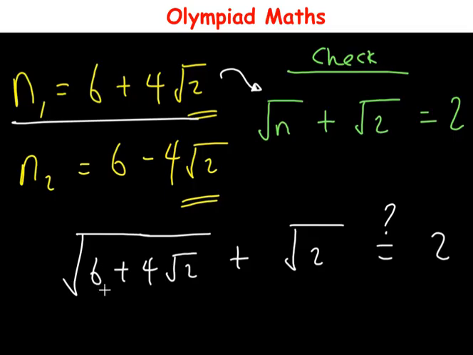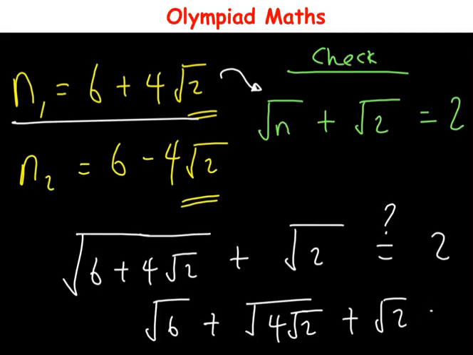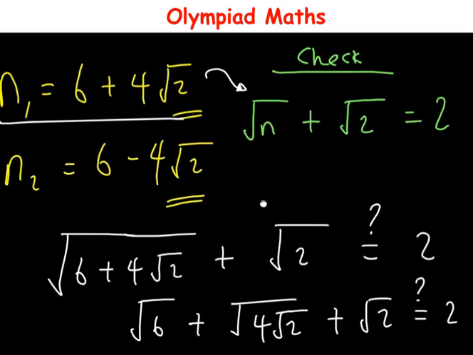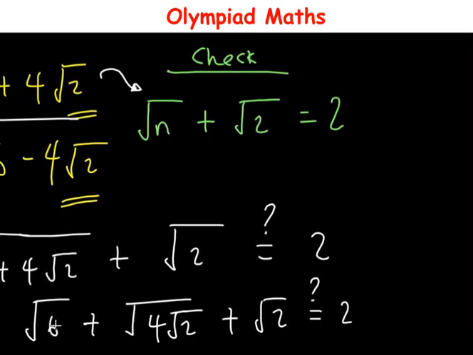Now, this can be written as root 6 plus root 4 root 2, then plus root 2, with this equal to question mark. So, from here, root 6 will give us a value greater than 2, plus this will also give us a value that will be greater than 2, plus now root 2 is something around 1 point thereabouts.